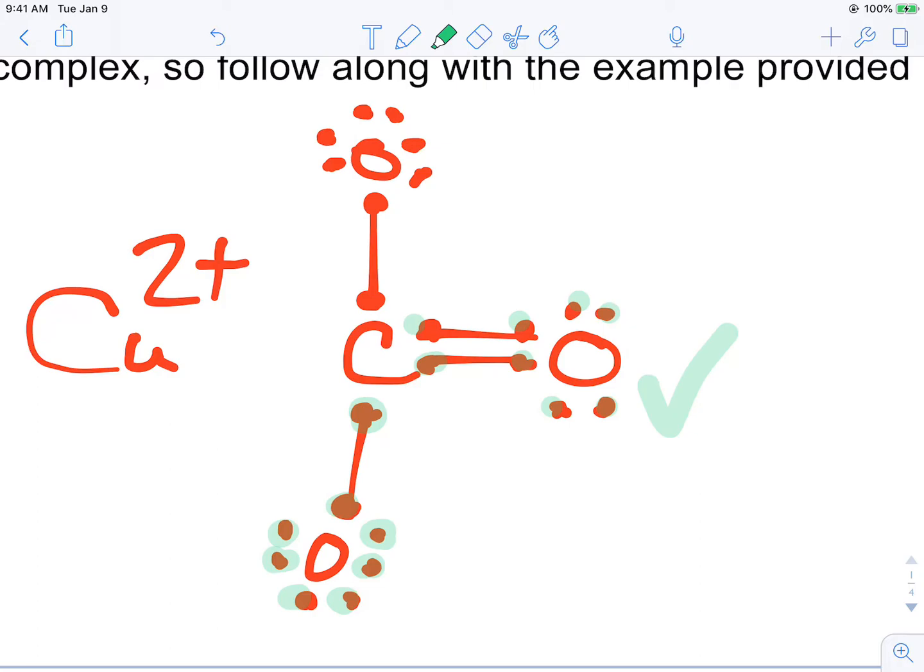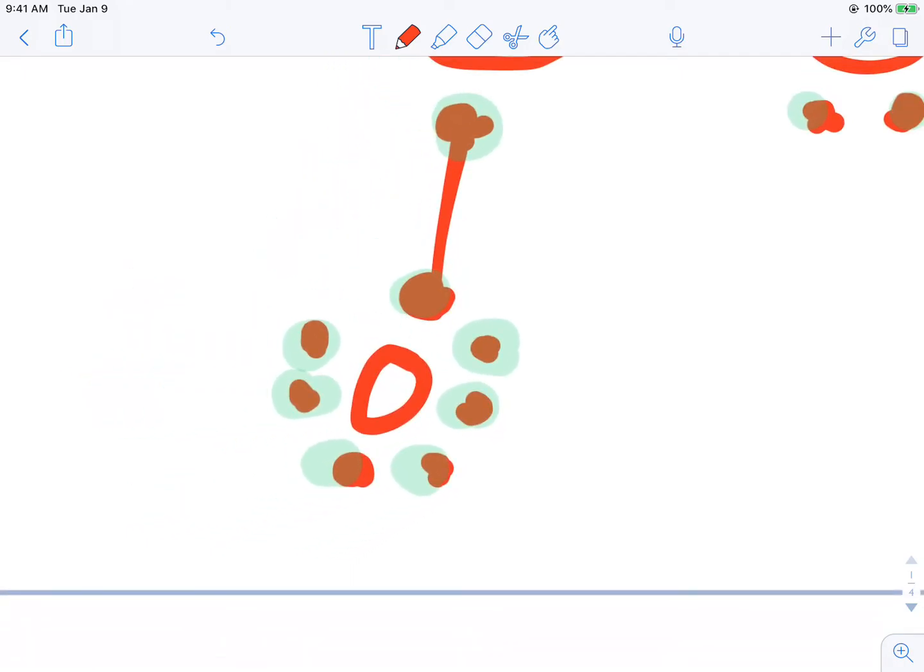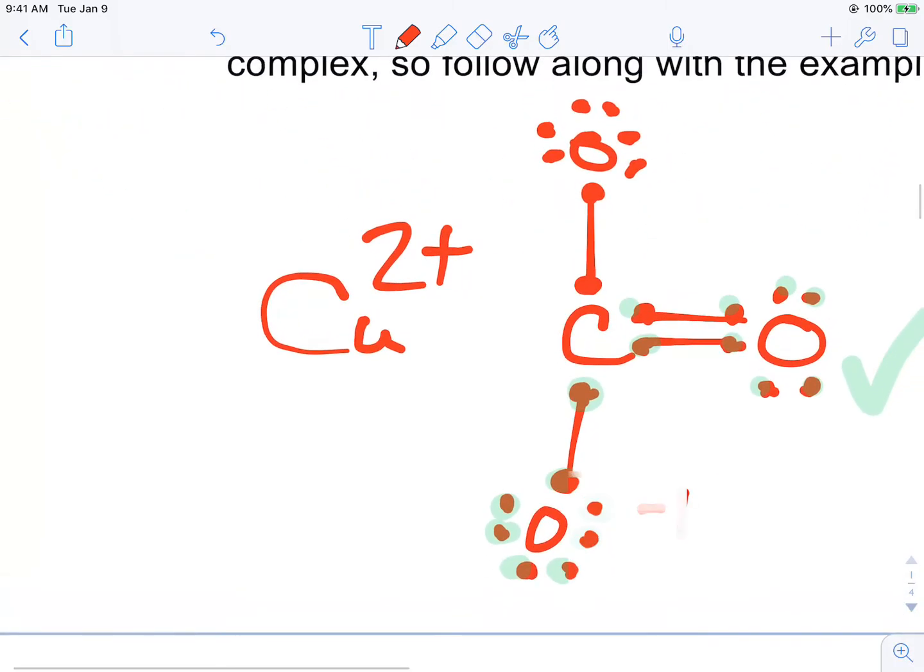And so in this case, it has access to 8, but because it's surrounded immediately by 7 dots instead of 6, this is going to give it a charge of -1. We're going to do the same to this one since it's bonded in exactly the same way. And if we look at this, our two -1s equal a total net charge of this side of the molecule as -2.